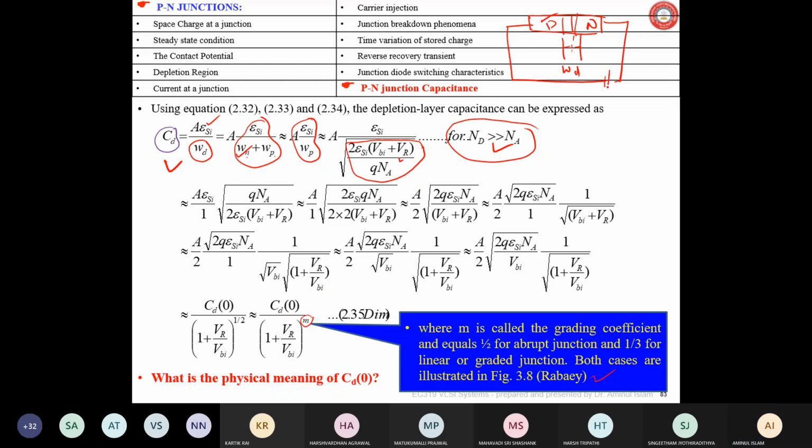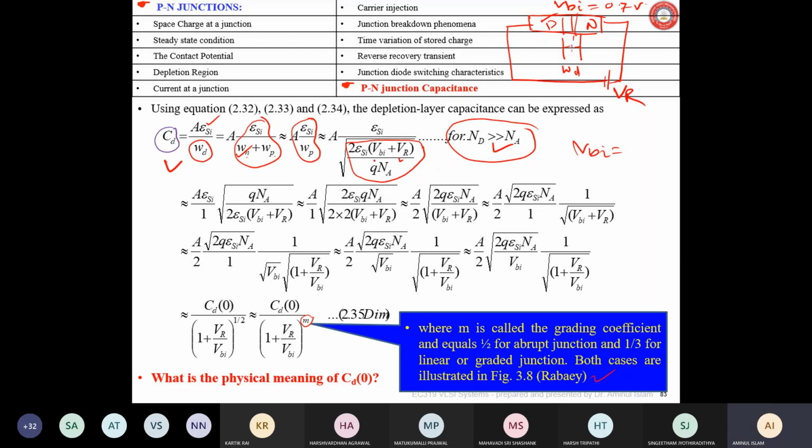For reverse bias Vr, you have the built-in potential Vbi here, which equals 0.7 volt in normal silicon diodes. Anyway, that may depend on biasing also, it may vary. Vbi is generally considered as 0.7, but it depends on Na and Nd of both the sides, so it may be more or less.